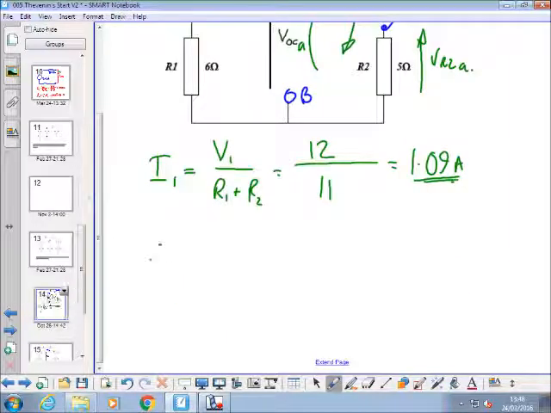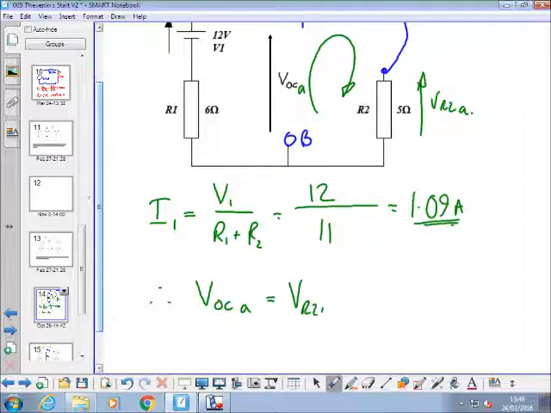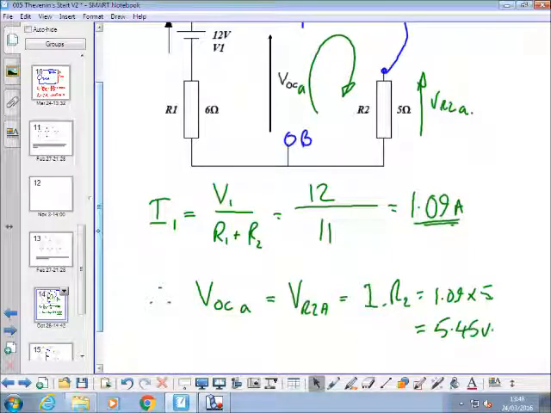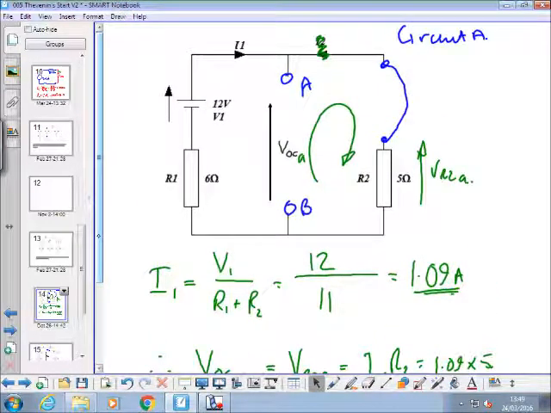Therefore VOC,A must be, we already said, equal to VR2,A, and VR2,A is equal to the current I times R2, which is 1.09 times 5, equals 5.45 volts. Everyone happy with that? Cool.